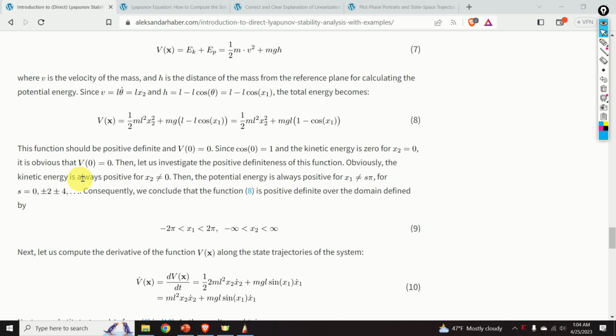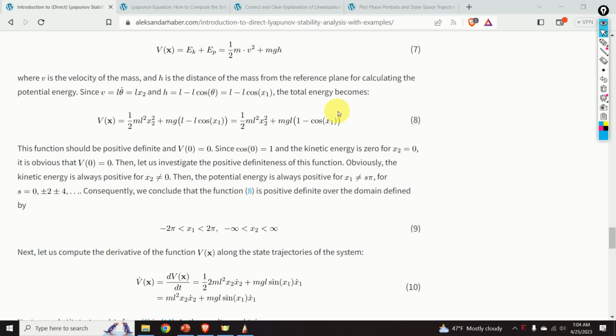Obviously, the kinetic energy is always positive, except for x2 equal to 0. Then, the potential energy is always positive for x1 not equal to s pi, where s is 0, plus minus 2, plus minus 4.